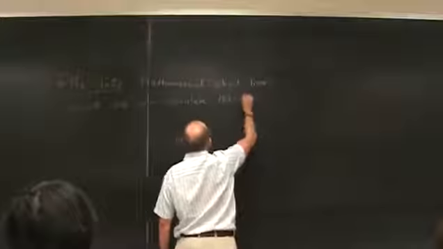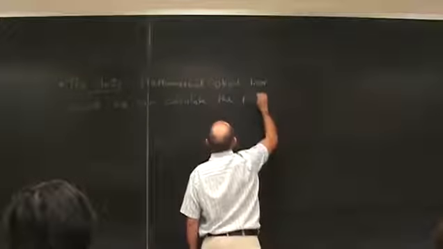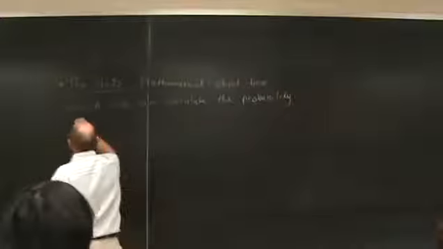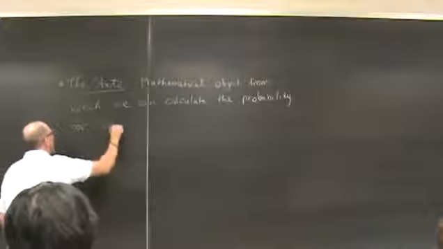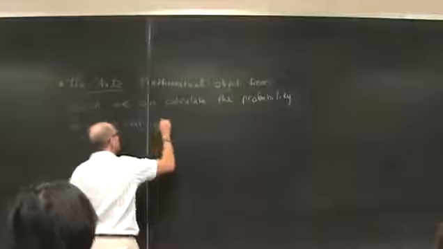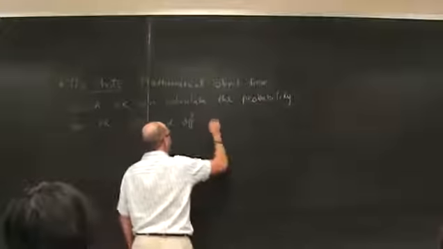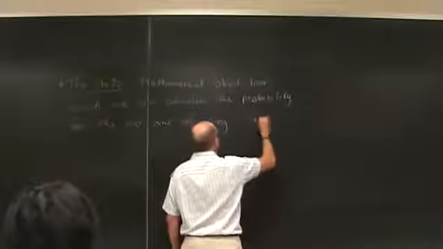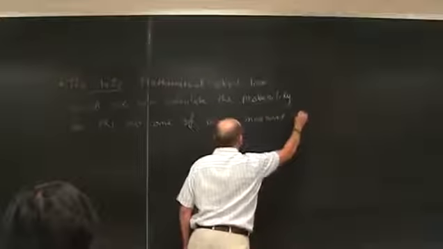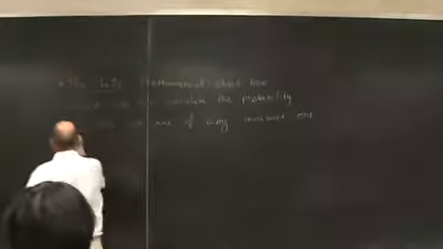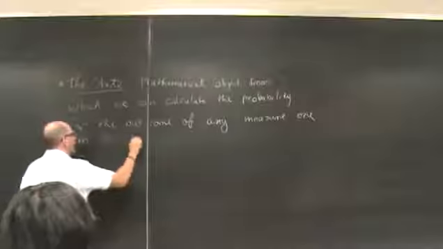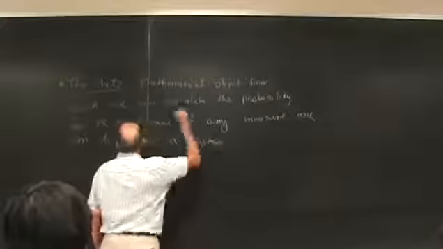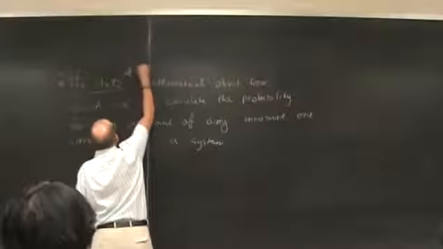The probability for the outcome of any measurement one can do on a system. So really we should say the state of the system.